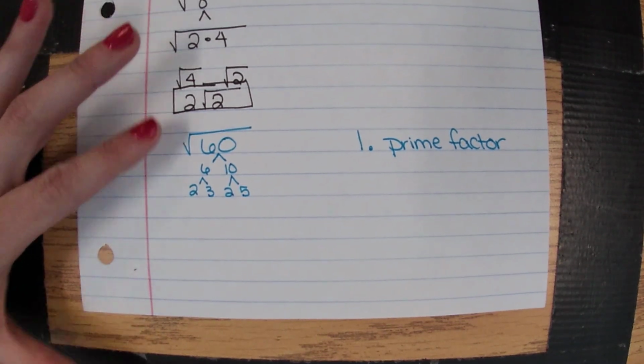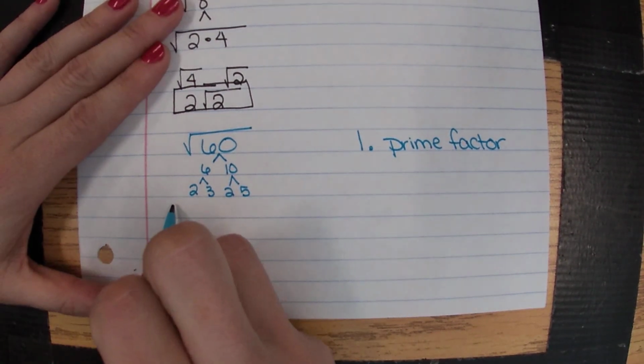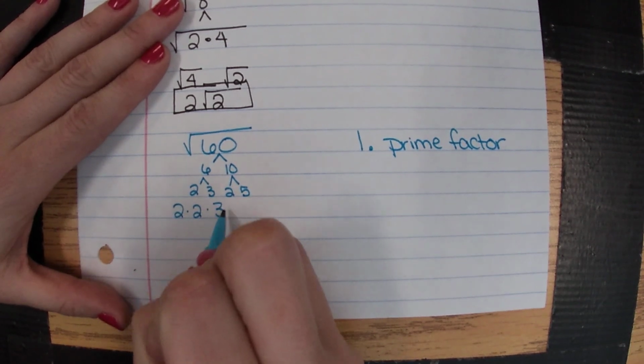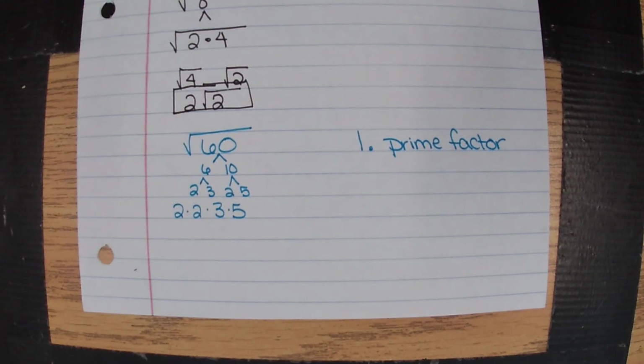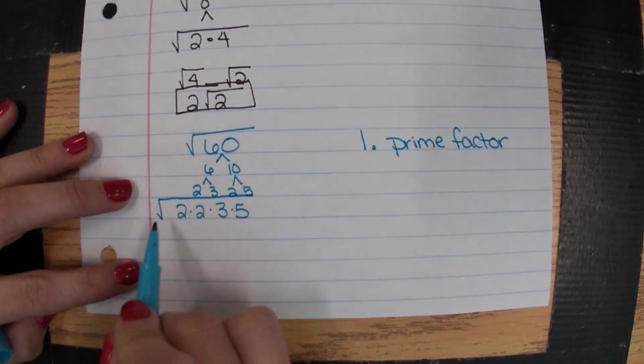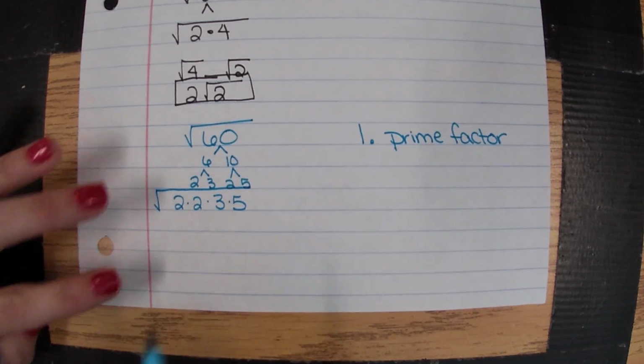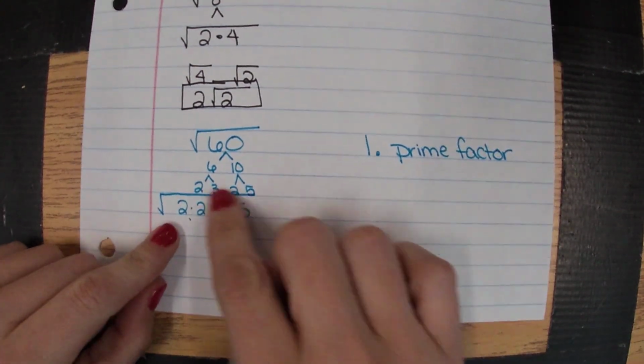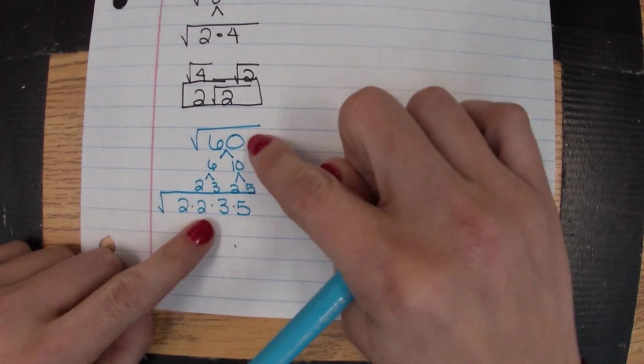When we talked about prime factoring, I said it'd be a really good idea to put it in numerical order. This is the time that it's a good idea. Now instead of the square root of 60, I have the square root of 2 times 2 times 3 times 5, which is the same thing as 60. They're equivalent.